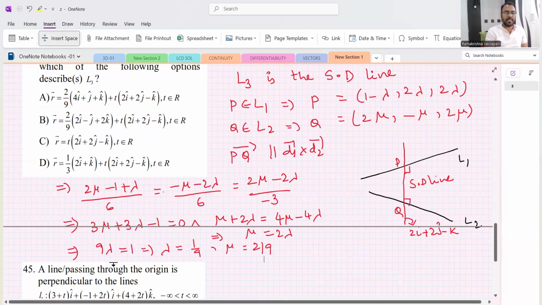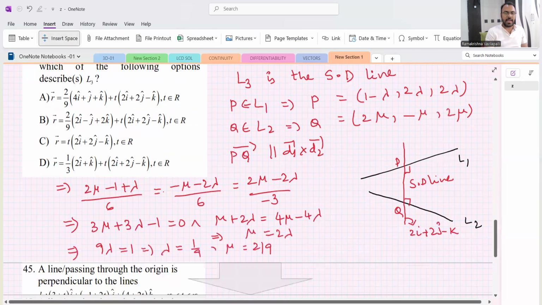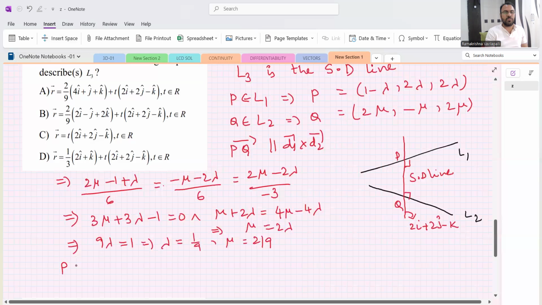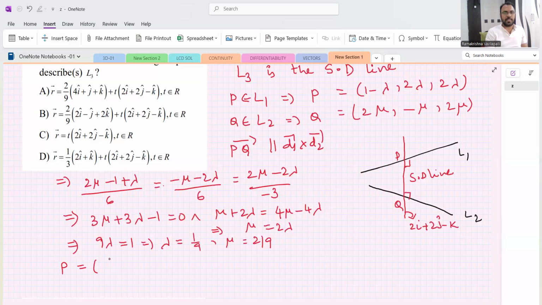So what are the points P and Q? Therefore P coordinates are 1 minus lambda, nothing but 8 by 9, and 2 lambda is nothing but 2 by 9.